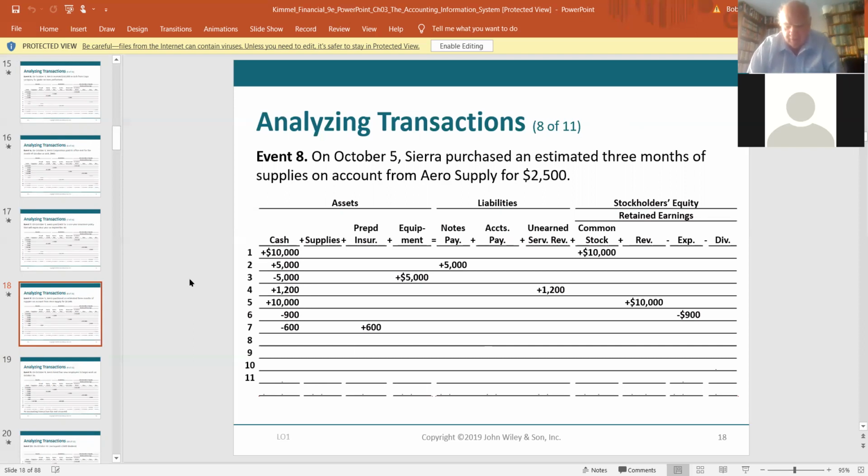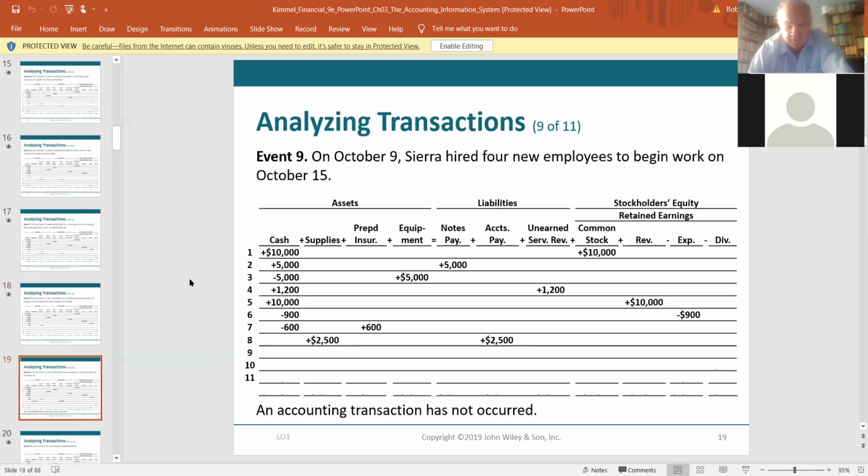It means that no cash was involved. So when you see on account, it's going to be either accounts payable or accounts receivable, okay? So here we're purchasing something, so accounts payable is going to go up by $2,500, and the prepaid supplies go up by 25.